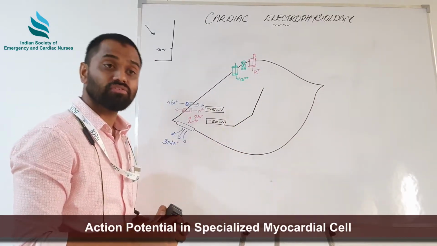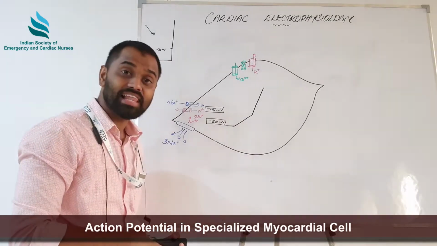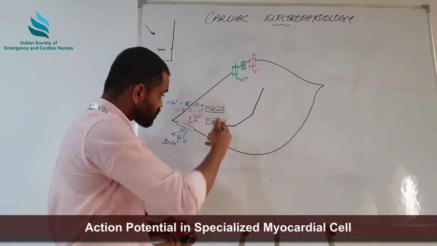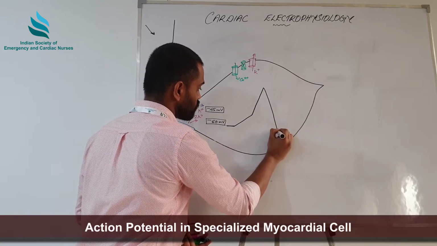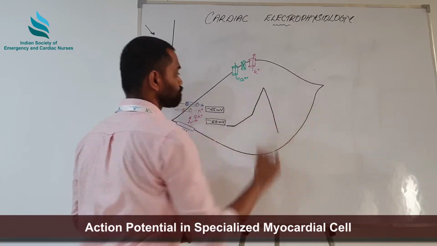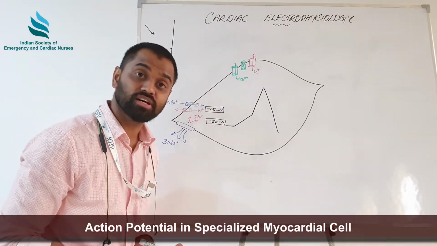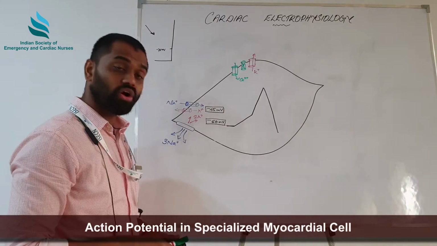At the same time, the cell is losing cations, and for that reason the cell repolarizes. It brings back its potential to the negative baseline level, which is minus 60. So this is the shape of an action potential curve in a specialized myocardium, or what we call an SA nodal cell.